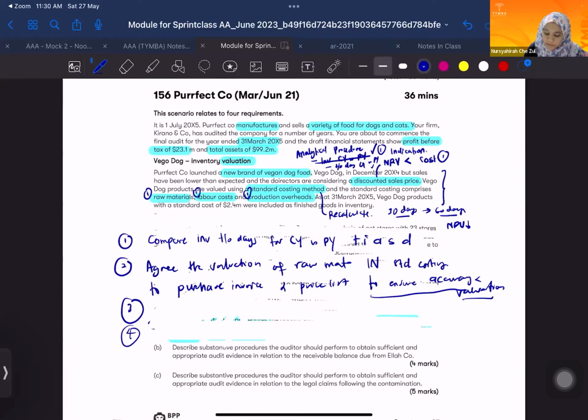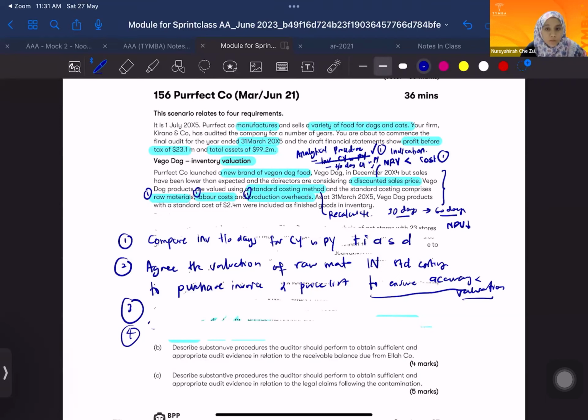Number five, recalculate. I make use of your answer: recalculate the standard costing used for finished goods, which is based on raw materials, labor cost and overhead, to confirm mathematical accuracy.